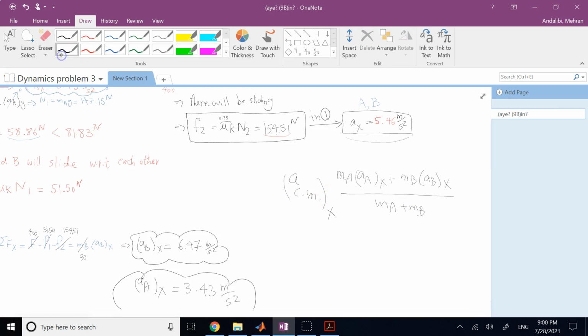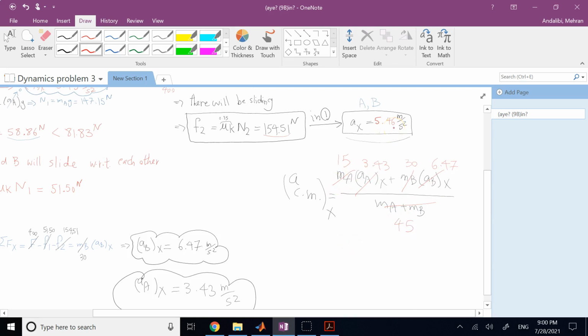So if we plug in these numbers, this one is 15, this one is 3.43, the other one is 6.47, this is 30, and this whole mass is 45.